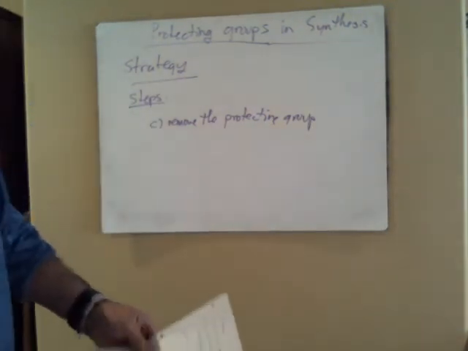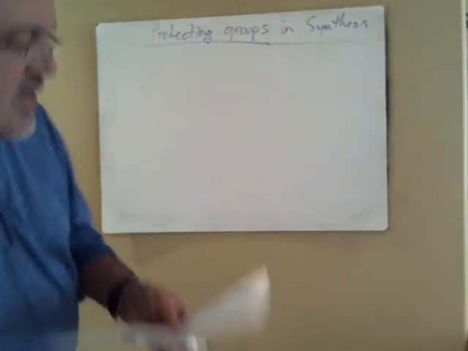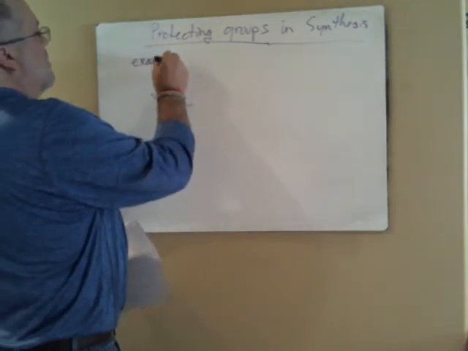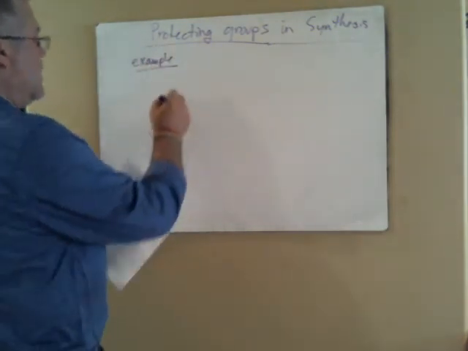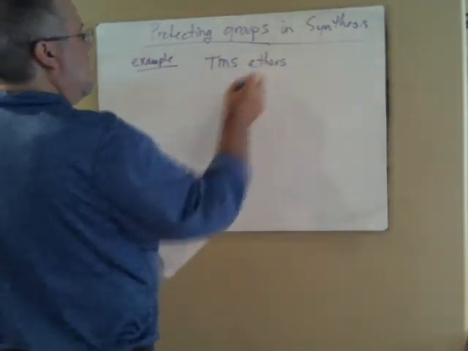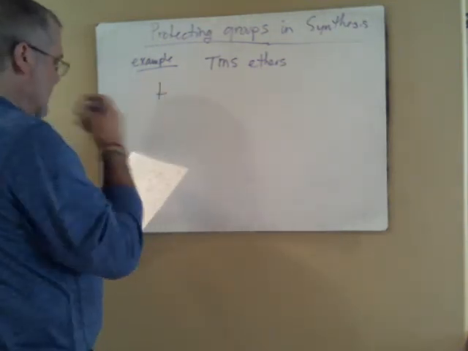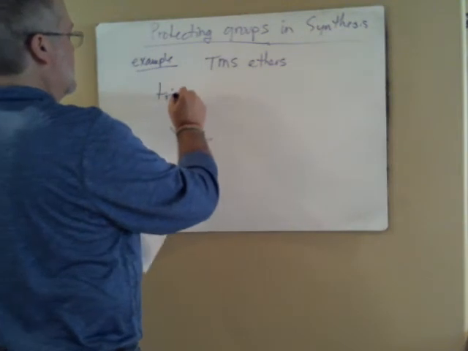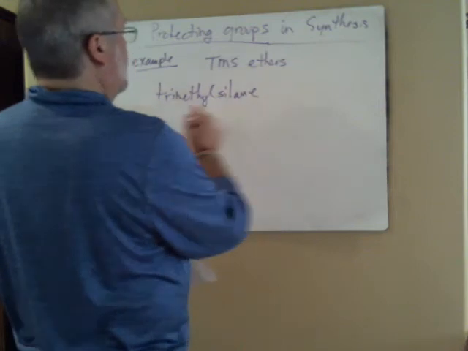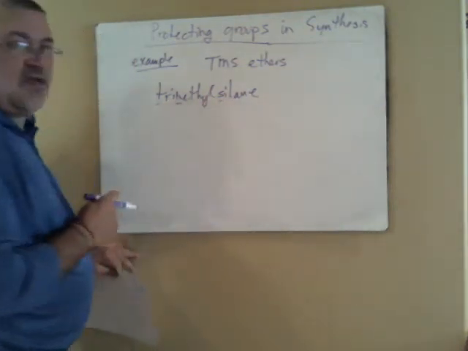And the one that we're going to talk about as our example, again, is one that's commonly used with alcohols. And so the example that we'll look at is the formation of TMS ethers. Okay, TMS is trimethylsilane, so TMS ethers.